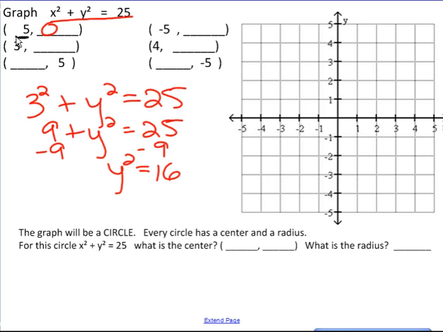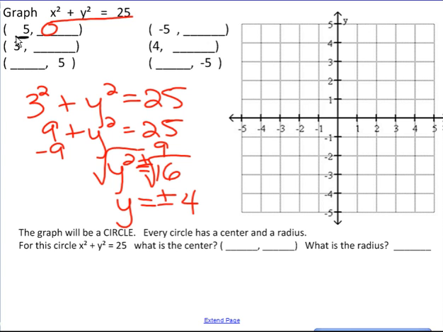Now when I take the square root, remember you do have to do the plus or minus. I didn't have to do that with the other one because it was 0. Plus or minus 0 is just 0. But for this one, when I take the square root, it's going to be plus or minus 4.